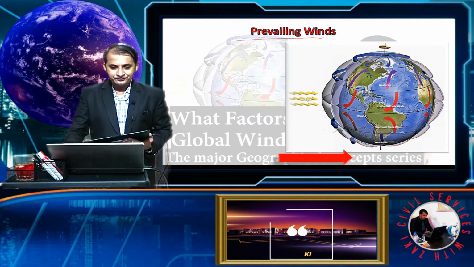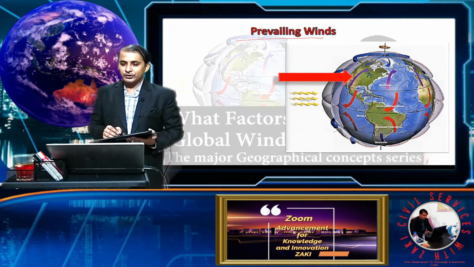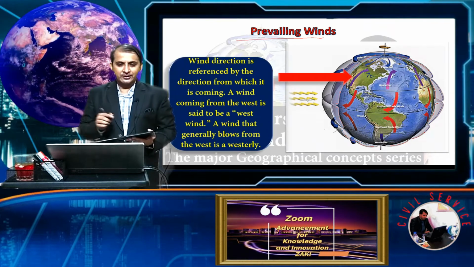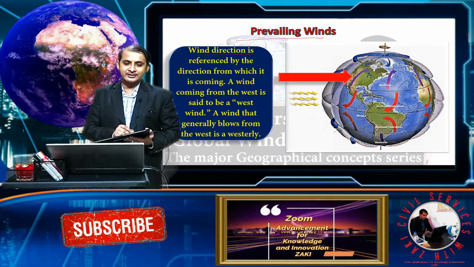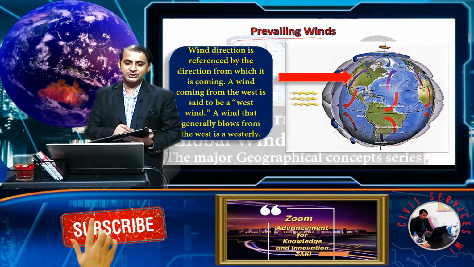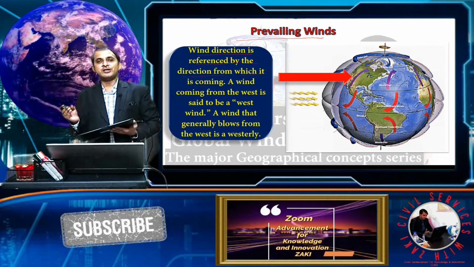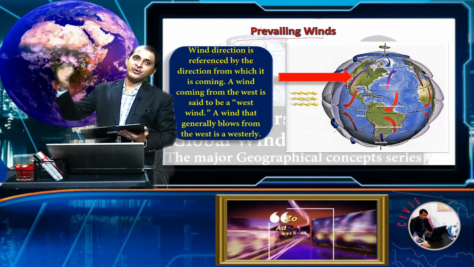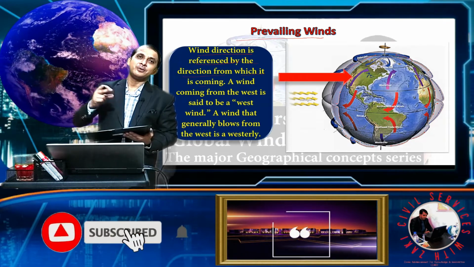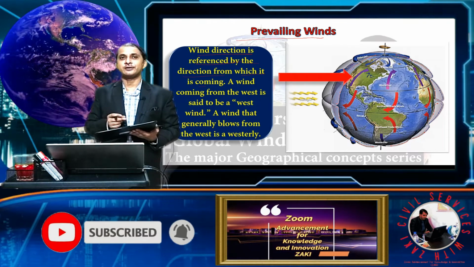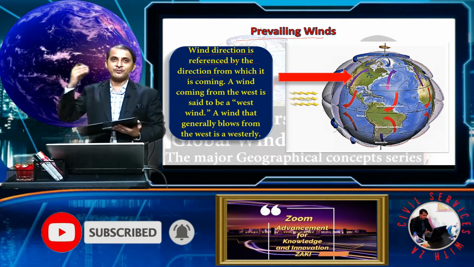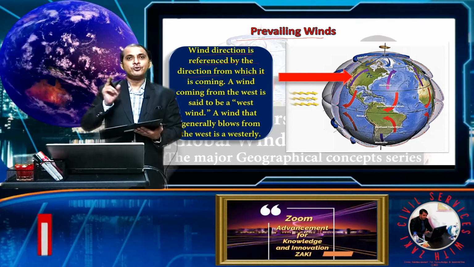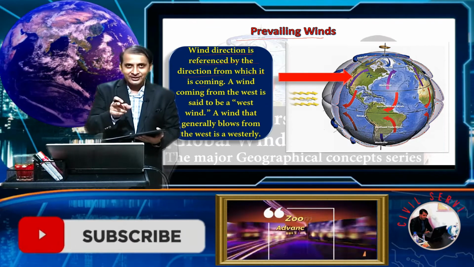See here, wind direction is referred to by the direction from which it is coming. The wind is named by the direction it comes from. So wind coming from the west is called westerly, and wind coming from the east is called easterly.